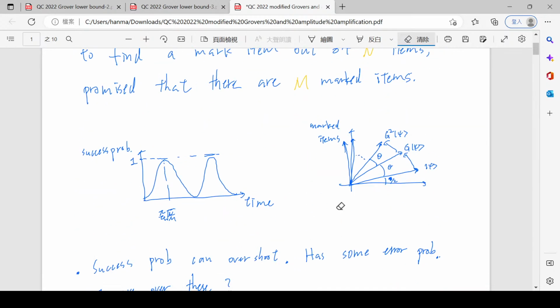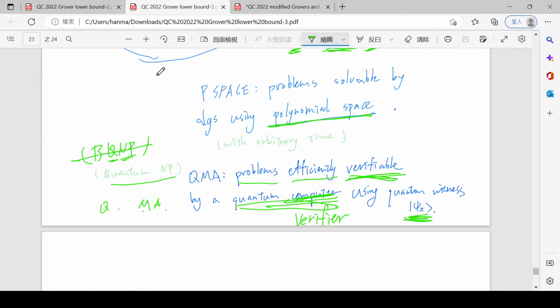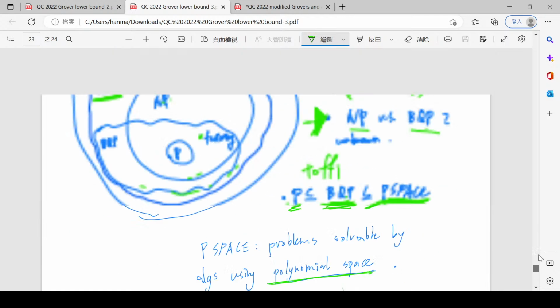And the other problem is that when you run Grover's algorithm, even if you know m, you may not hit the marked items superposition exactly, and there will be some error. Usually constant error is okay, but let me give some motivation.